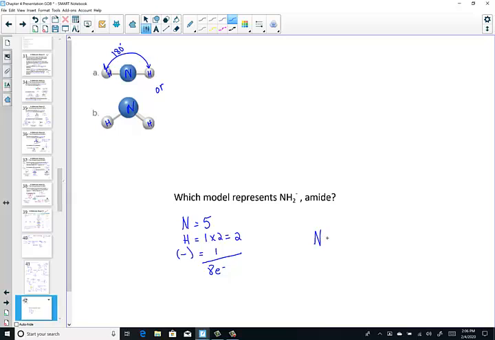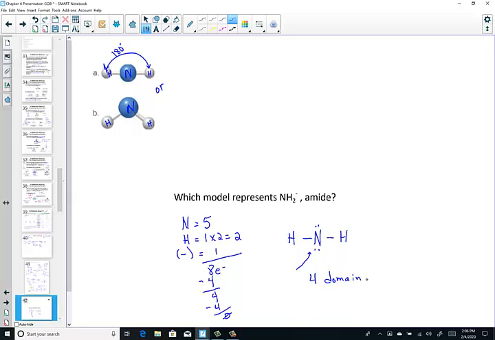So we'll say nitrogen in the center, and it's going to lead out to both hydrogens. We used up 4 electrons to make 2 single bonds. Hydrogen doesn't want any dots, so all remaining dots have to go on the nitrogen in the center to use it up. So notice this guy in the center, the nitrogen, has 4 domains.